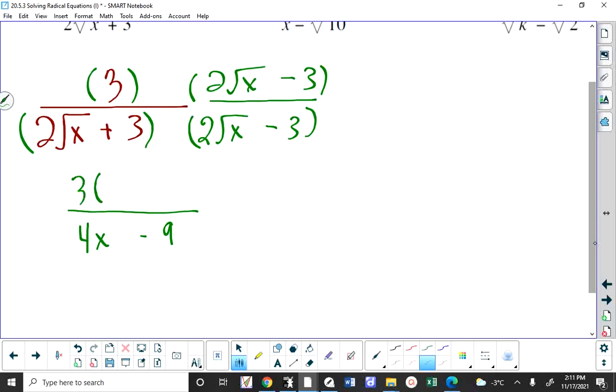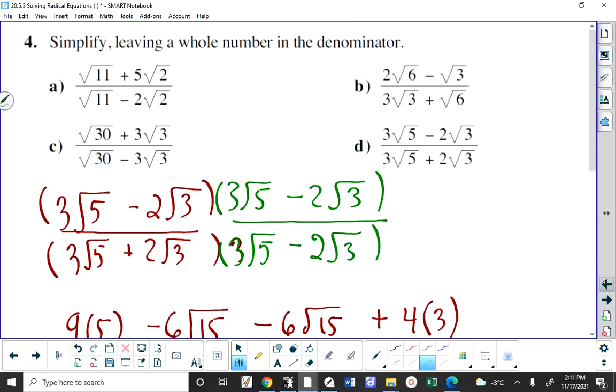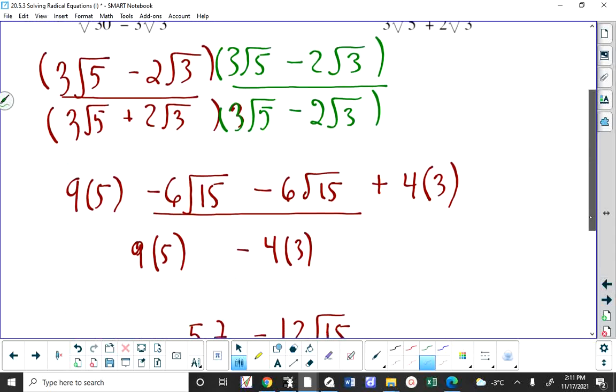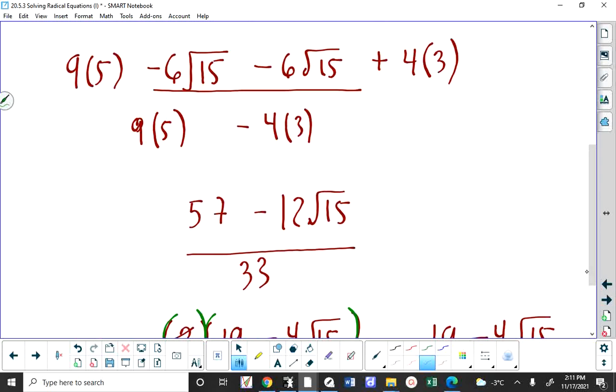The reason is that 3 is a factor of the top, so maybe I can cancel it with a 3 if 3 is a factor of the bottom. However, in the previous example, I don't want to just leave these two things multiplied together because I can't see if there is a factor on the top. And it turned out there was, right? There was a 3. So when you're multiplying binomials by binomials, you should multiply it out. Anything else, you should probably leave it.